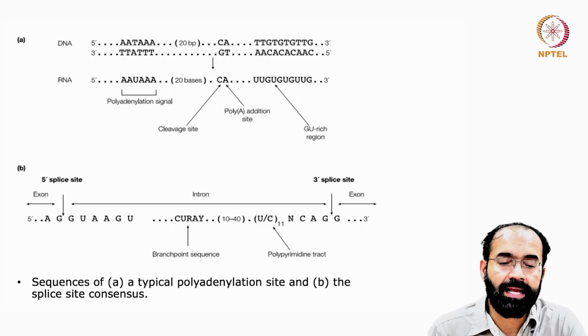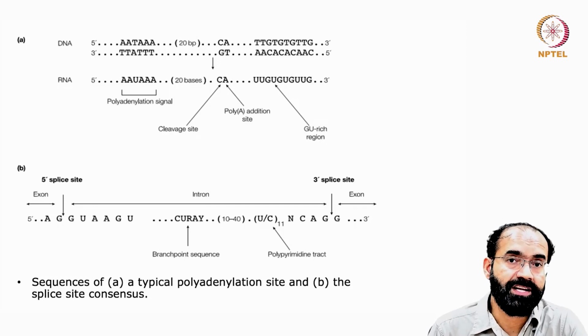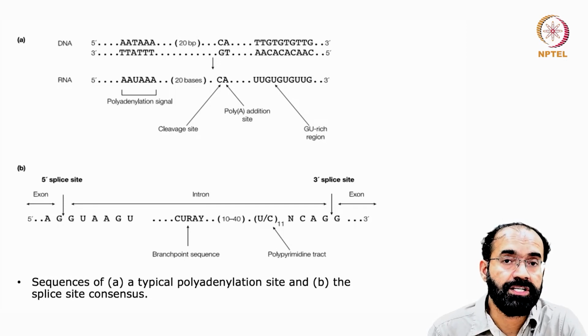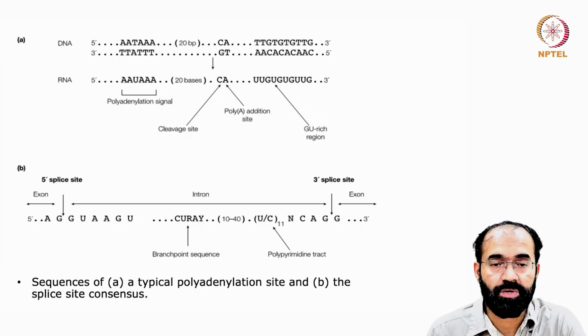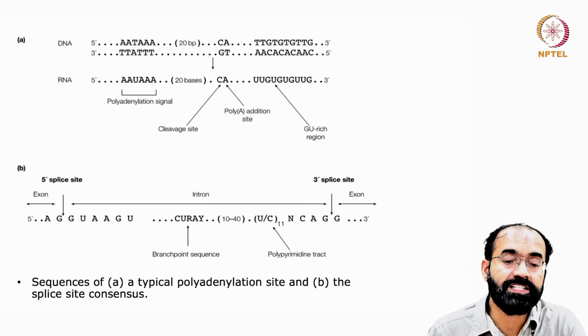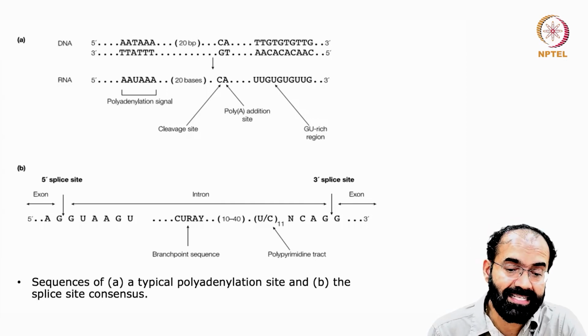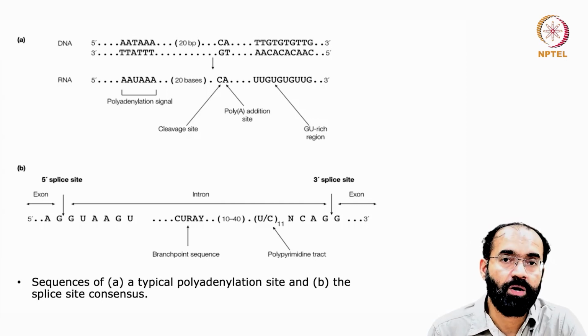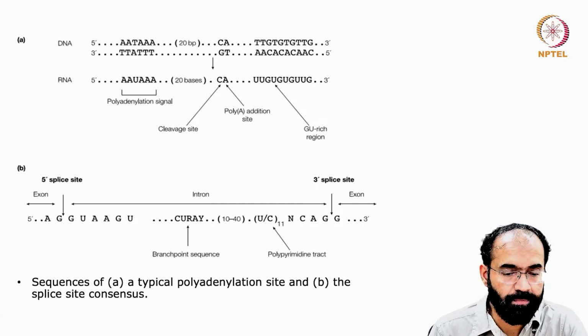For every RNA before termination it has a GU-rich region, but that will not be part of the mature RNA because there will be a cleavage happening here at the CA site, and once it has come out after cleavage, this is ready for polyadenylation.